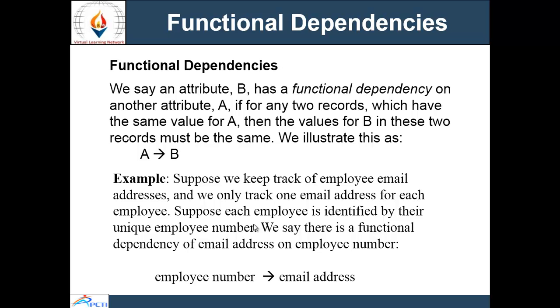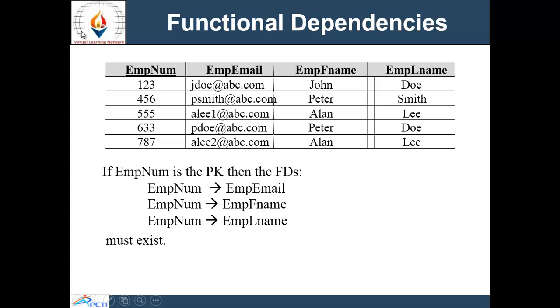Functional dependencies we have already discussed in the previous session, that is if it is written that is A arrow B, it means B is functionally dependent on A. It means for each value of A, there will be a unique value in B. For example, if we write down EMP number arrow EMP email, or EMP num arrow EMP F name, or EMP num arrow EMP L name, it means that EMP email is functionally dependent on EMP num.